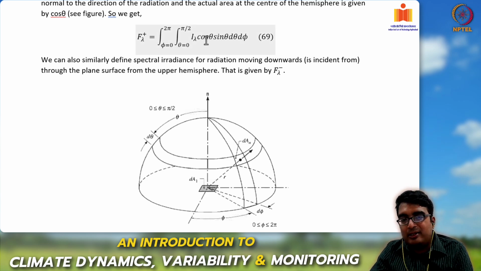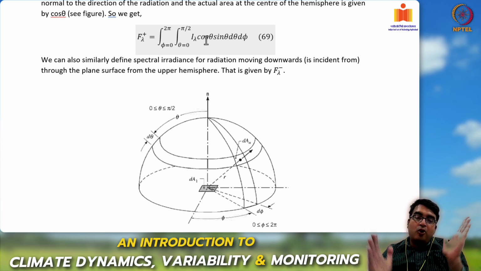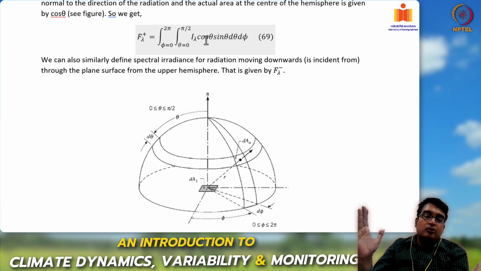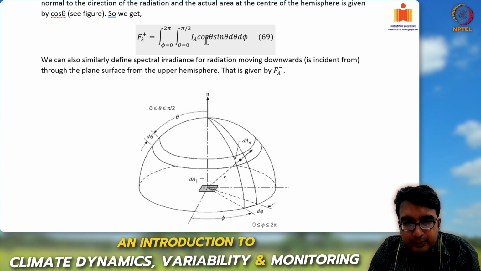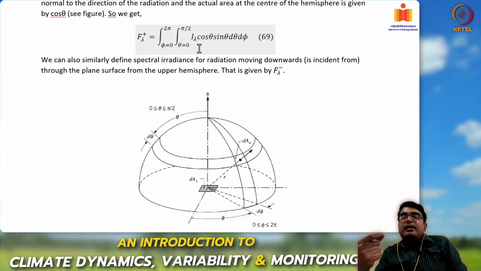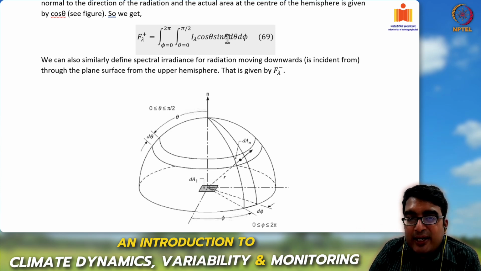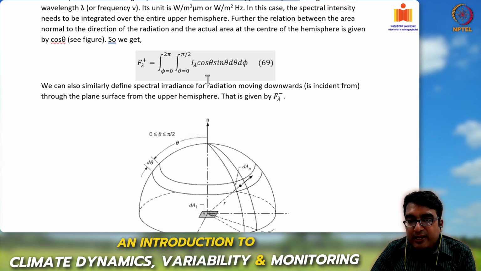So this cos theta term takes care of that area conversion from normal to the direction of radiation to along the equatorial plane. And finally you have the I lambda, which is the spectral intensity at that given wavelength lambda. So this is the differential value of the hemispheric flux.